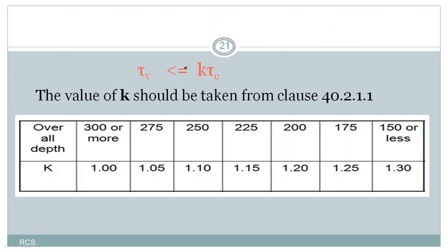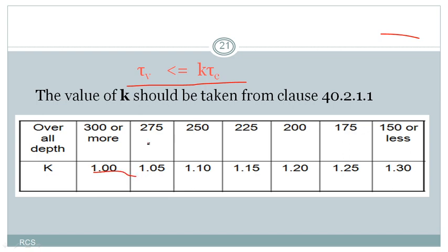Right, after knowing the tau c value, for the slab to satisfy the shear condition, our nominal shear stress must be less than or equal to k times tau c. Here k is a factor that depends upon the overall depth of the slab. According to clause number 40.2.1.1, we have k values like that. If the overall depth of the slab is 300 mm, then the k value is 1.